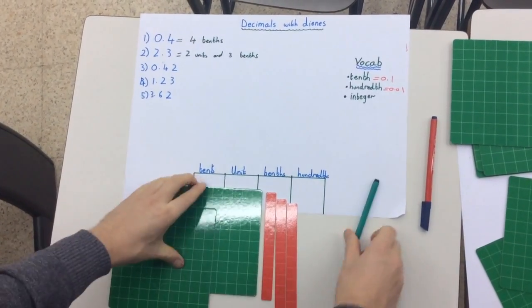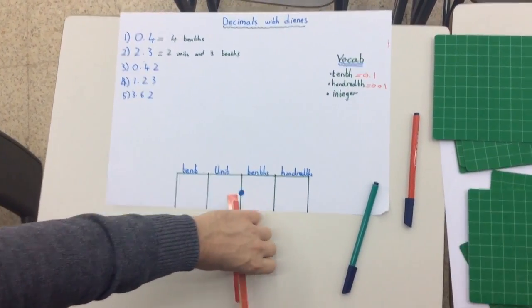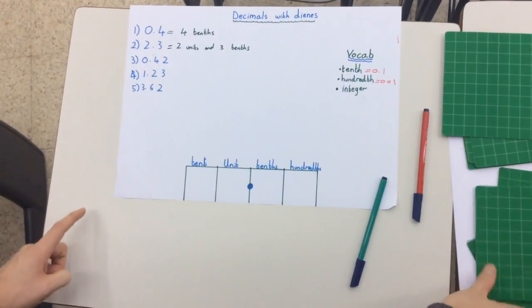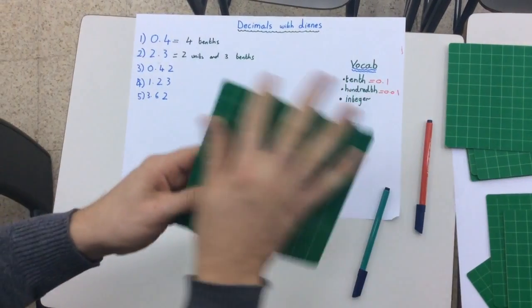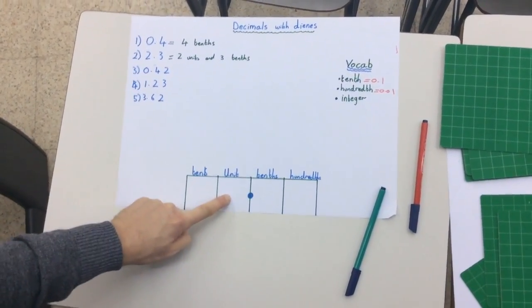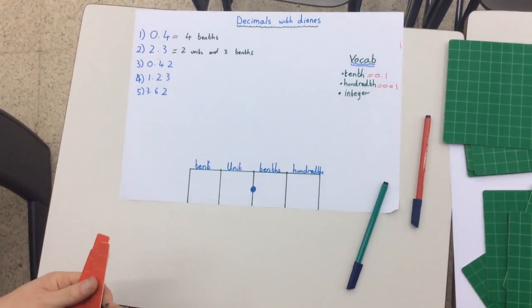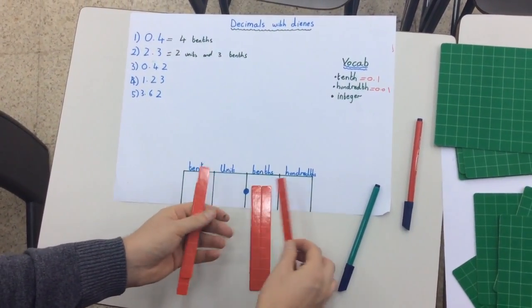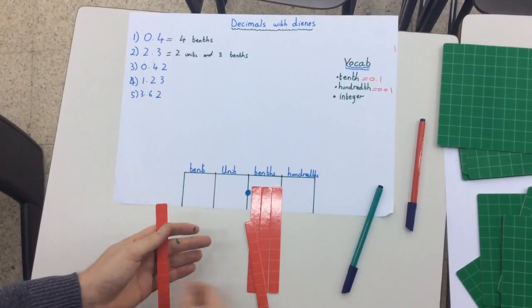Okay. Now let's look at my third one. My third one says 0.42. Remember, this is an integer, this is 1. I haven't got any ones, 0 units. Now, how many tenths have I got? Well, I've got 4: 1, 2, 3, 4.